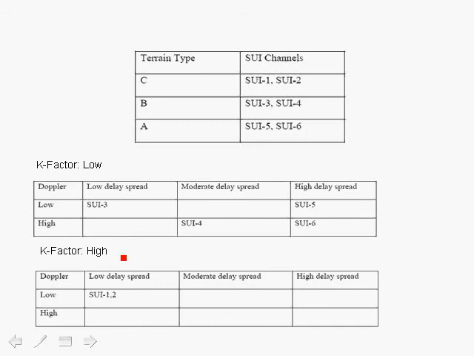For a high K factor, we assume that there is a direct line from the base station to the CPE or subscriber station. In this case, two of the models correspond to high K factors and with low Doppler. In the case of low K factor, we have a case where we have low delay spread and high delay spread, as shown here, or high Doppler effects or lower Doppler effects, categorized as moderate delay spread or high delay spread.